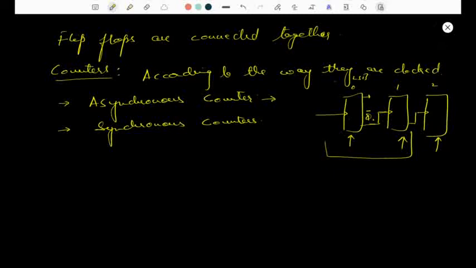That's why these counters are simply called asynchronous counters.